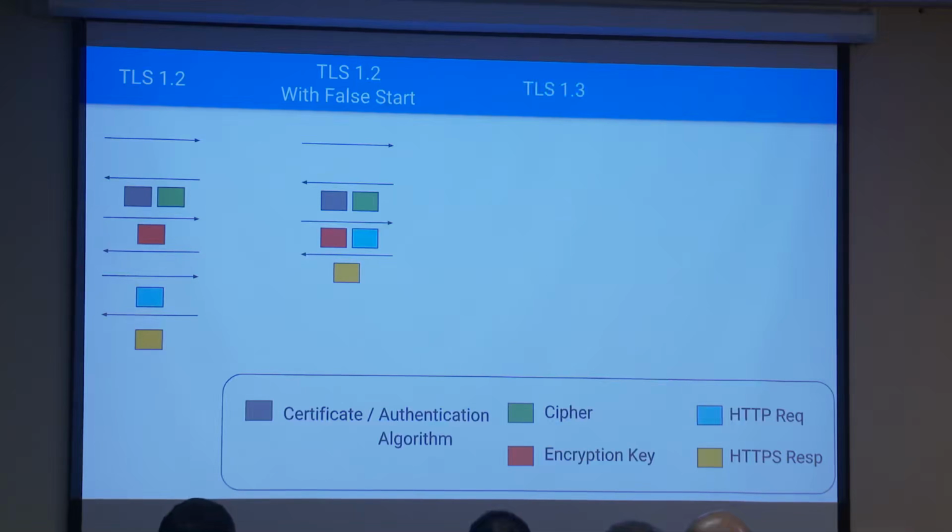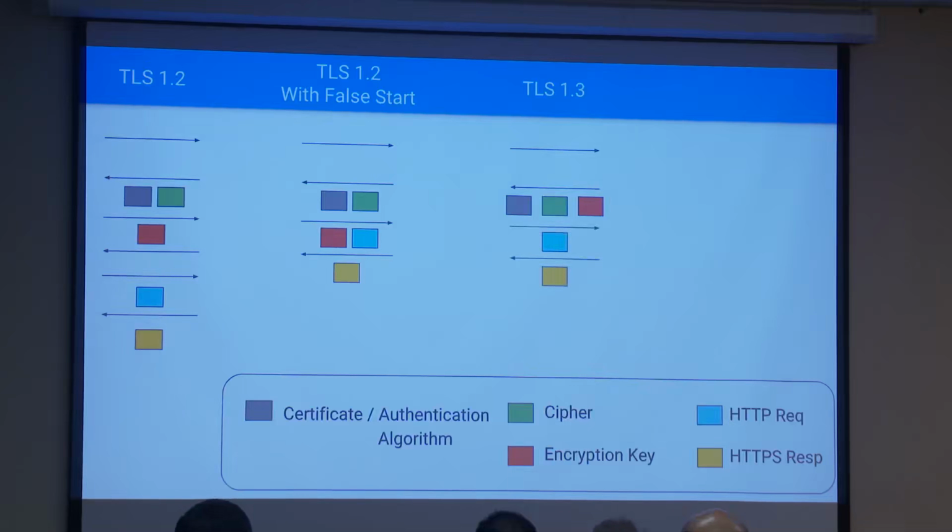And with 1.3, you get a fairly similar thing. After the first message comes back, the client has enough information to know the algorithm and the cipher, but it also knows the encryption key because it sends, in the very first message, information to the server about the key exchange method.